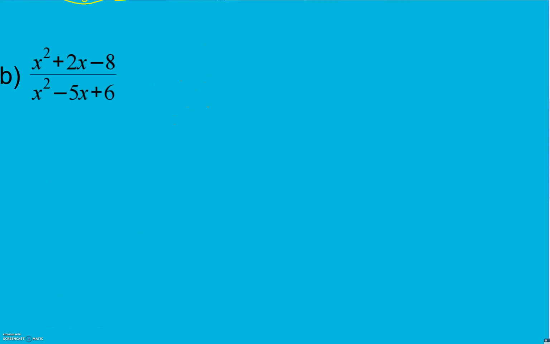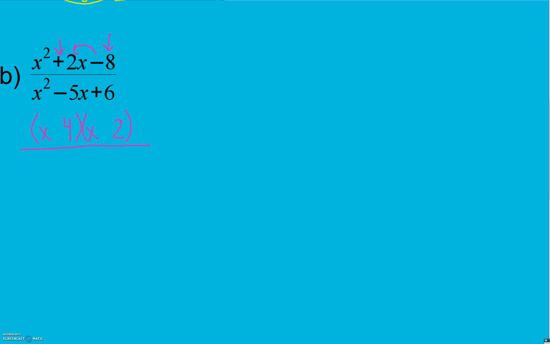Here, because we have things that are added together, we can't cancel until they're factors, things that are multiplied. So, we factor our numerator. Things that multiply to x squared are x and x. Things that multiply to 8 and subtract to 2 are 2 and 4.